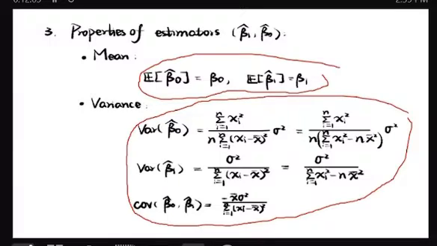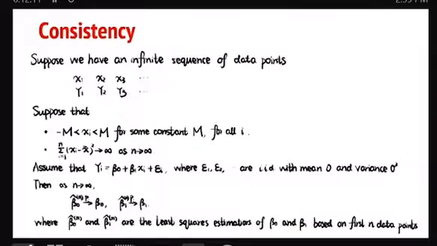Now, what am I trying to say in the actual sense? Under consistency, there's something I want you to take note of. If I have an infinite sequence of data, why do I say infinite? Because I want to talk about consistency. Consistency has to do with a sufficiently large sample size.